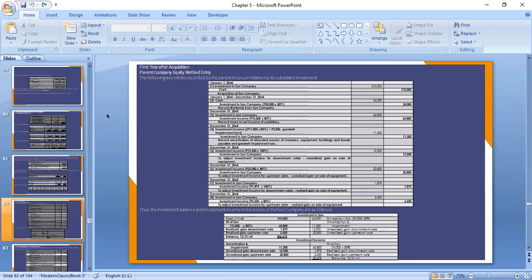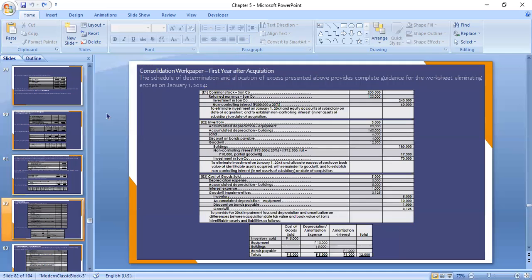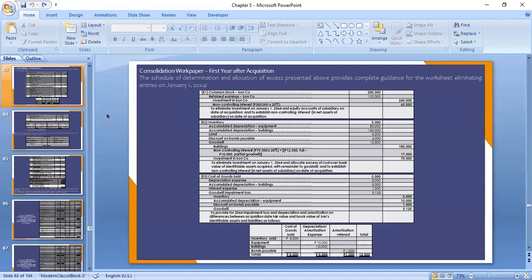And we have now the amortization of the investment. Next, we have the entries. Now you will notice that they are similar to the previous slides. So we have now the schedule of determination and allocation of excess presented above.